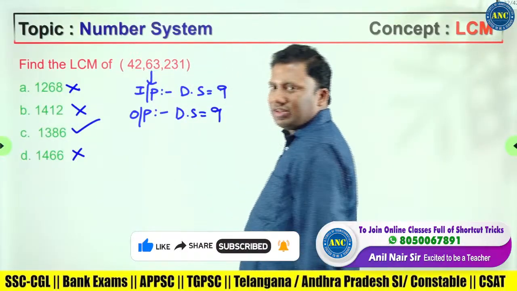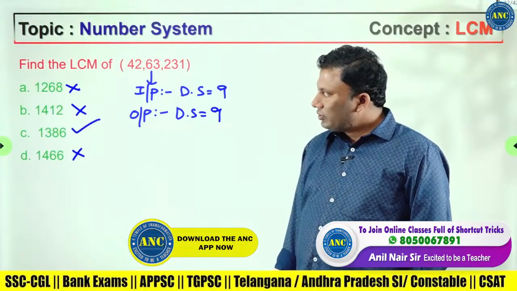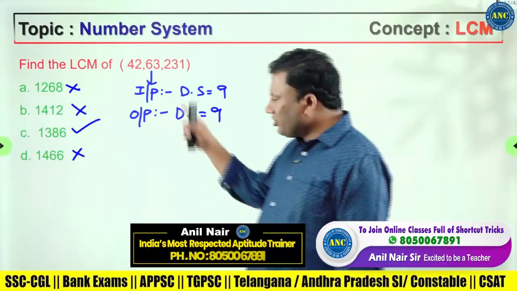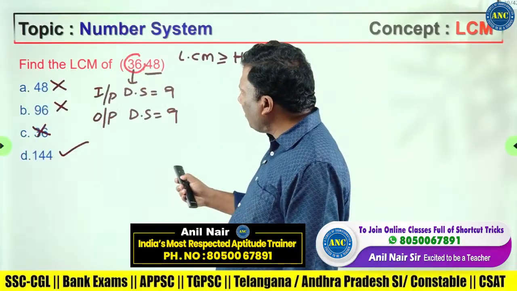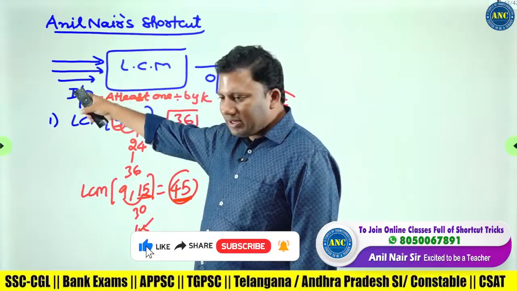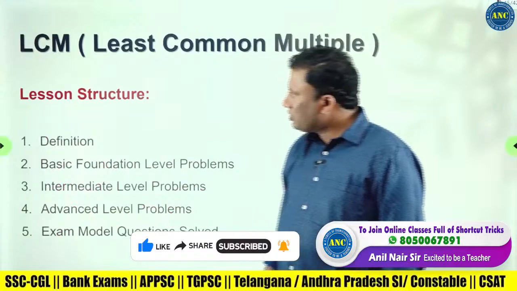Answer is 1386. Sir, but the first number is the input, right? The second number... All three numbers are inputs. I told you multiple, you remember? I said any numbers. Multiple arrows I kept. Now see.